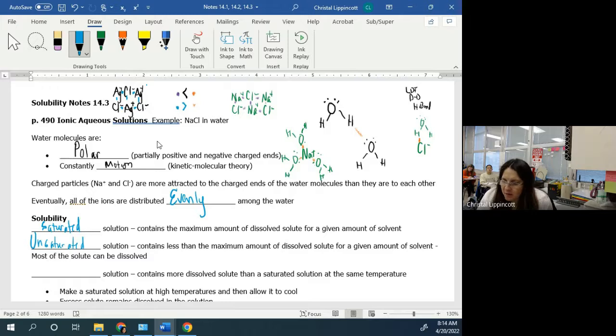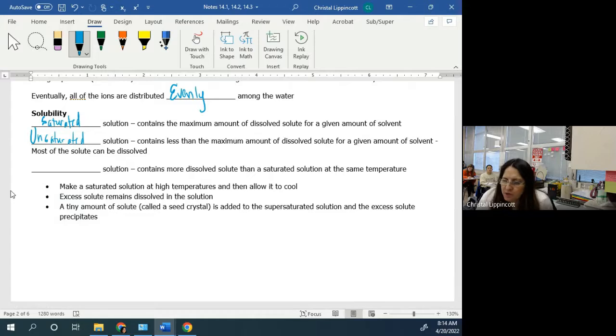And then we have something called a supersaturated solution. At a given temperature, normally your solution can only hold so much, but there are certain things like this sodium acetate that we can actually get to supersaturate.